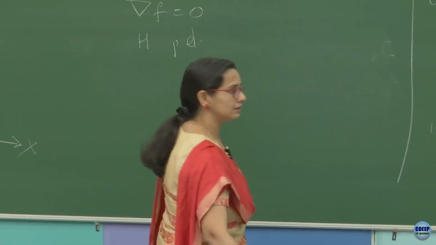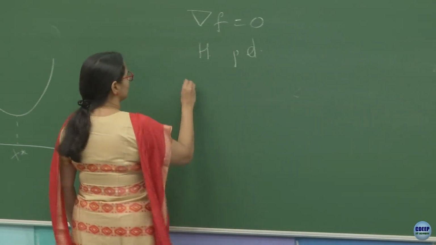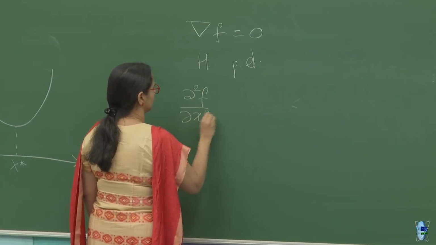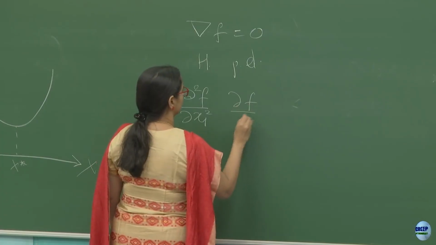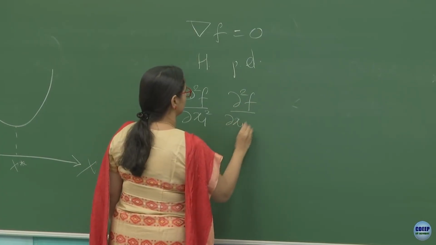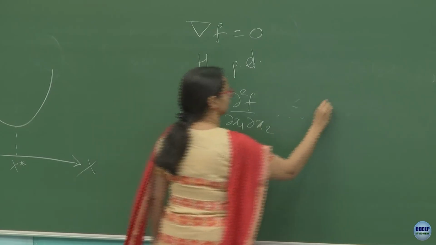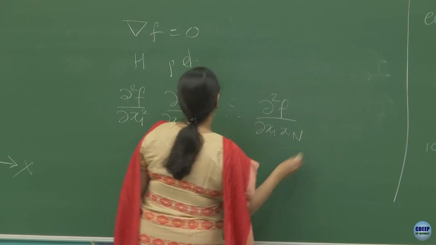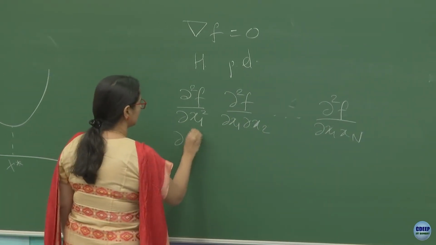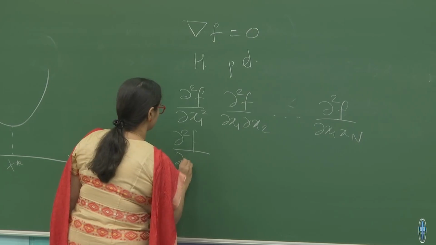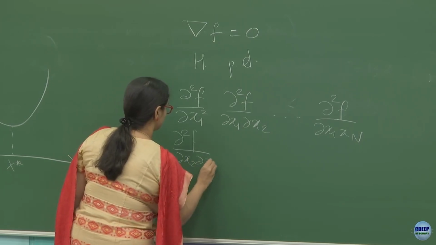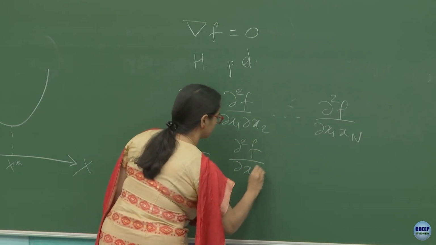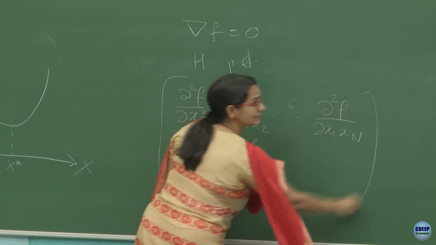This is going to be again a matrix, right? You're going to have a whole matrix like this, correct?